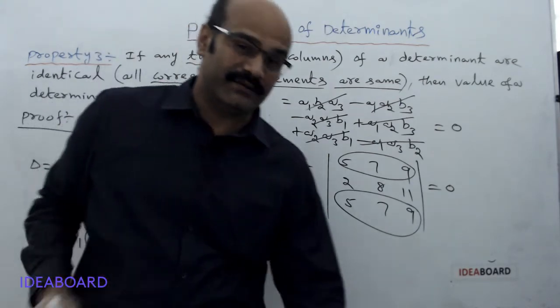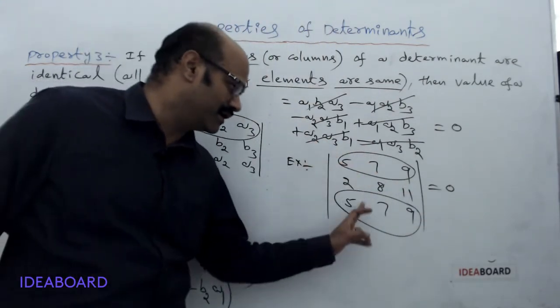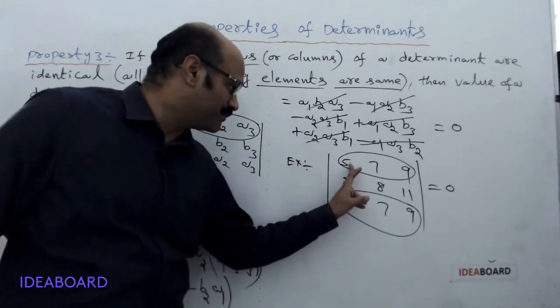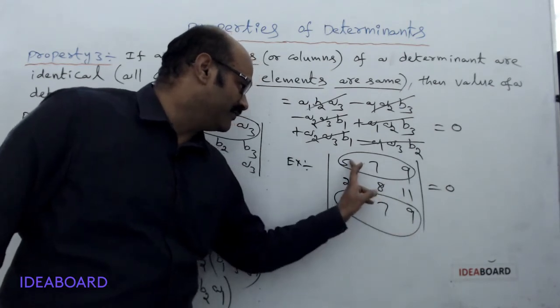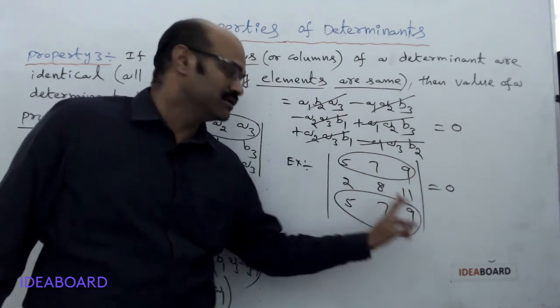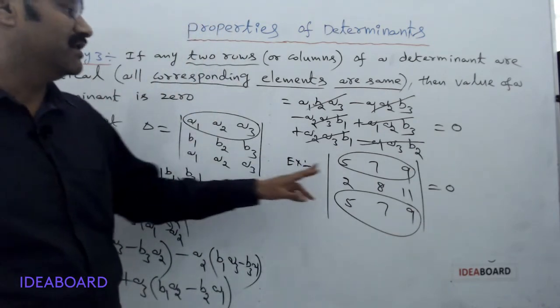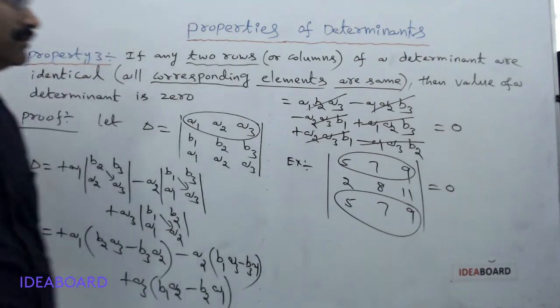So in any determinant, if any two rows or any two columns are identical, in the sense that corresponding elements must be the same, 5 means 5, 7 means 7, 9 means 9, then the value will always be equal to 0.